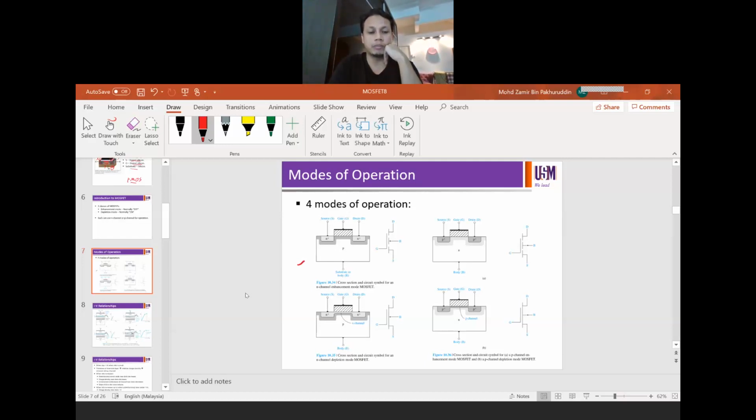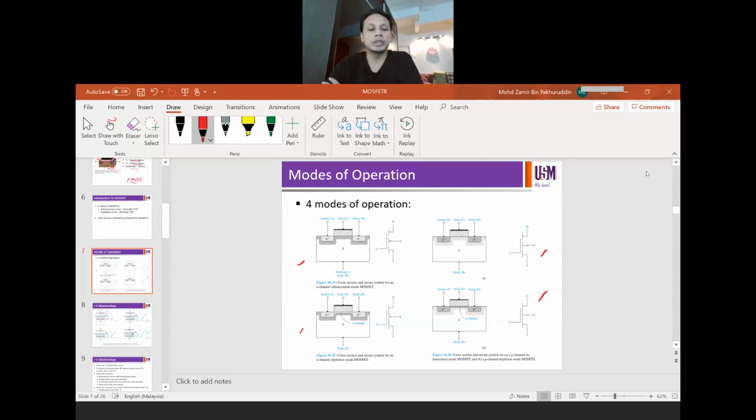On the bottom left is N channel depletion mode. On the right hand side, it's P channel enhancement mode, and on the bottom right is P channel depletion mode.